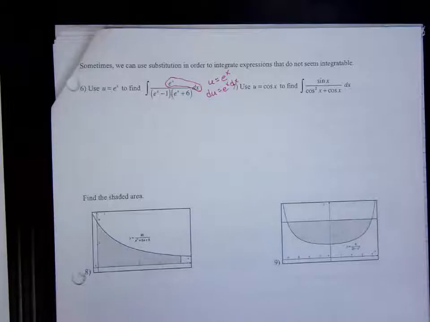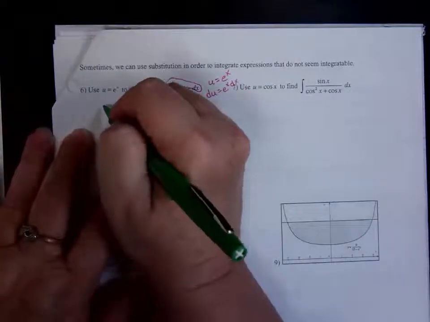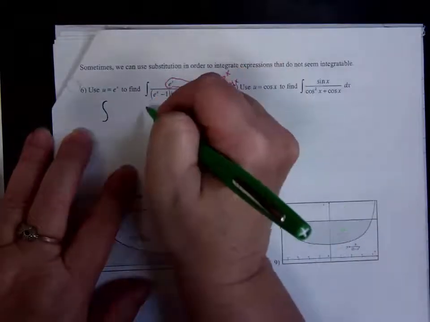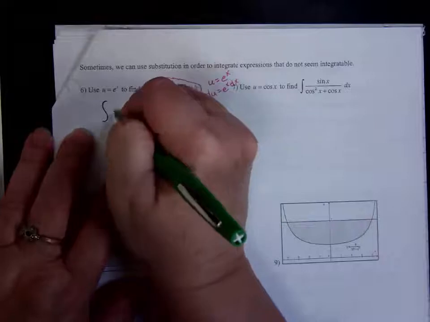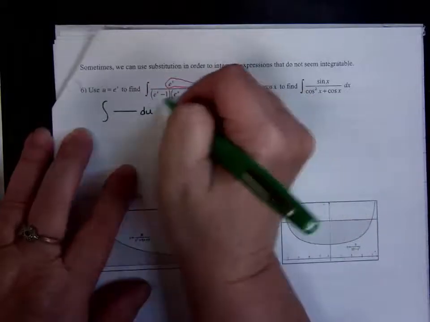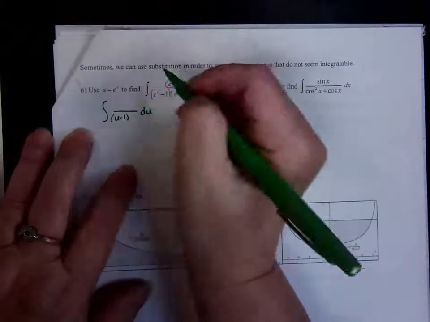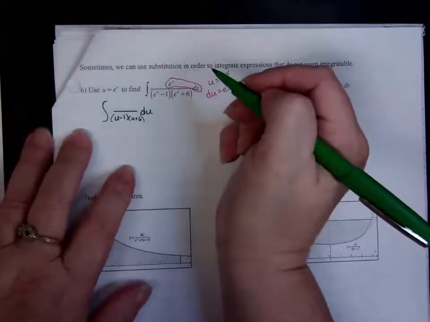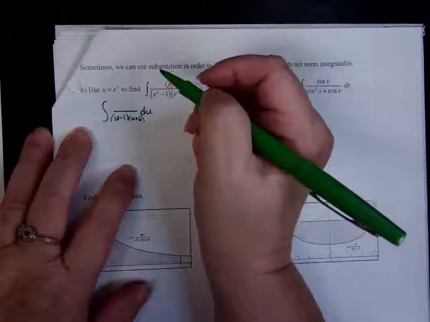So the two e to the x's on the bottom are going to turn into u's. So now I'm going to have the integral. This e to the x dx is du, so I'm going to write it out to the side. And then these are going to be u minus 1, u plus 6, and what on top?